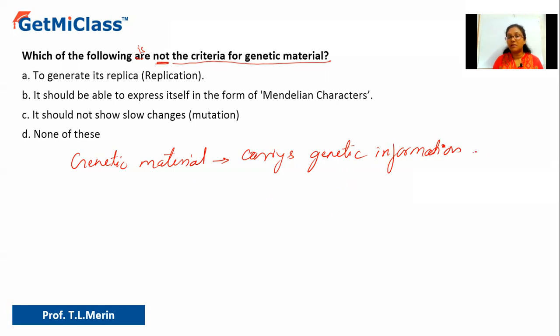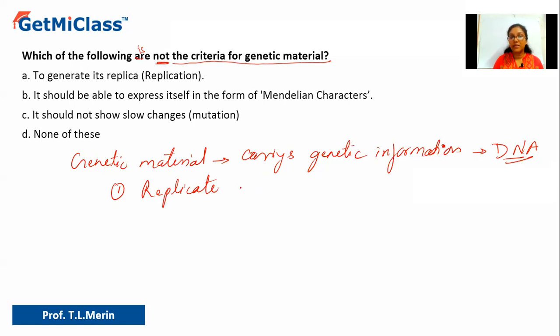So here in eukaryotes or even in prokaryotes, we consider DNA as the genetic material. And what is the reason that we consider DNA as the genetic material? The first point: since it has to transfer the characteristics from one cell to other cell or from parent to the offspring, it should be able to replicate or undergo replication.